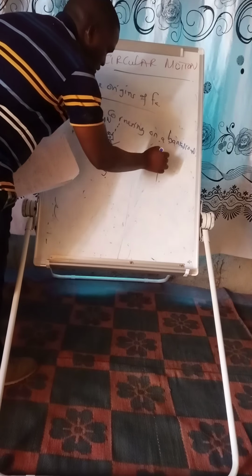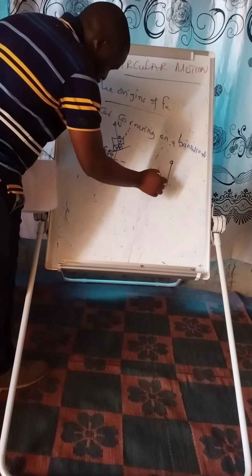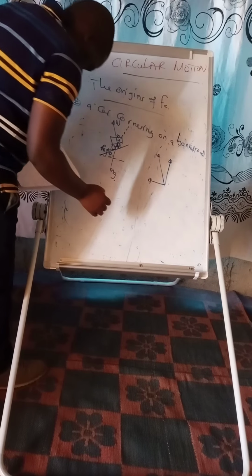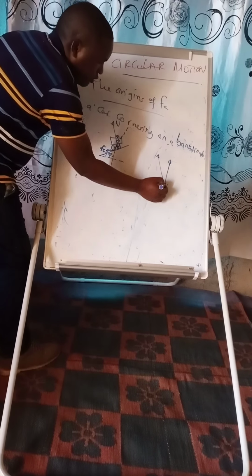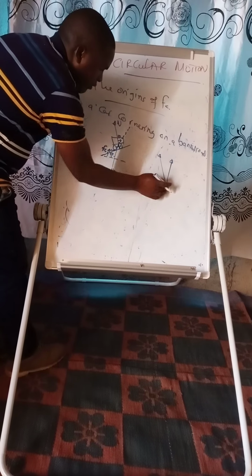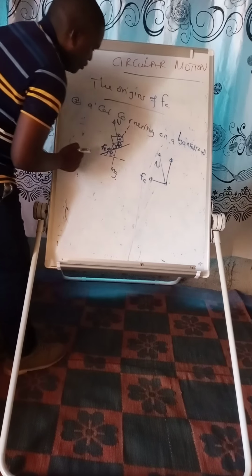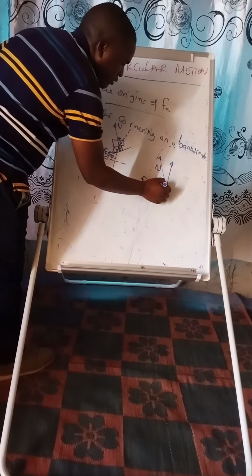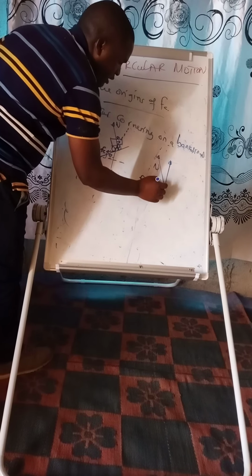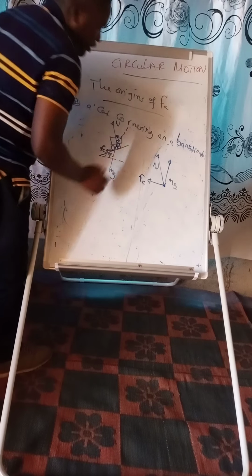So we find that if you want to take this part here, our horizontal is this side, which is centripetal force, and our hypotenuse will be normal contact force, and this will be our adjacent, which is perpendicular. No, it's a weight. This is a weight.